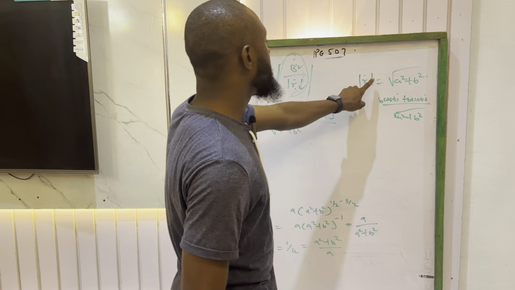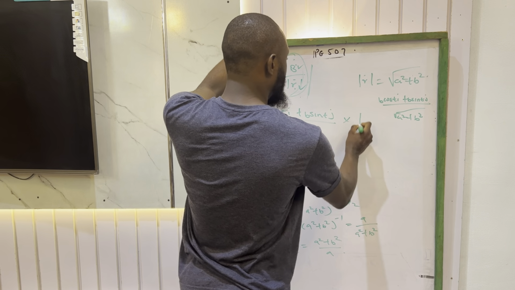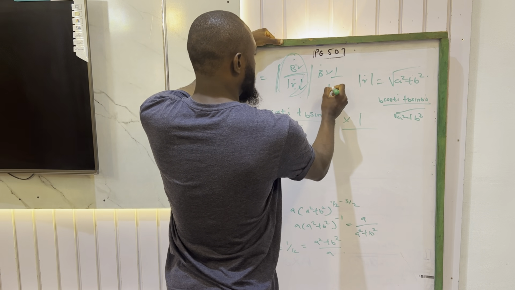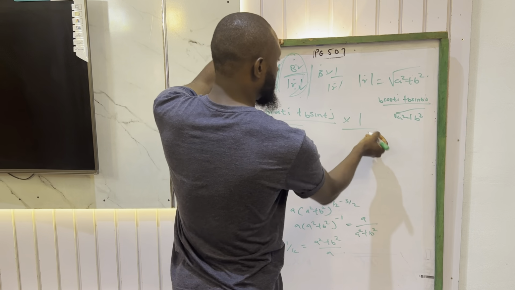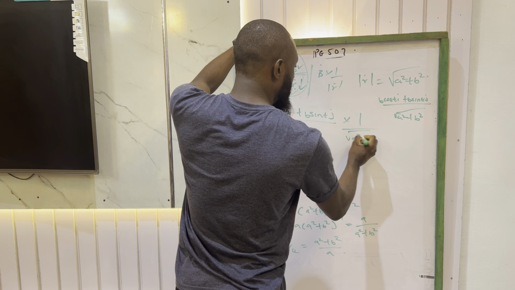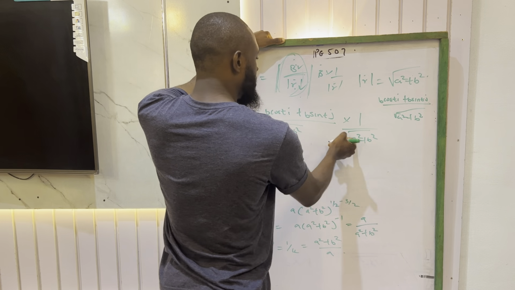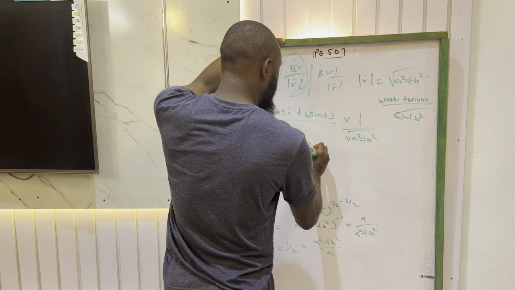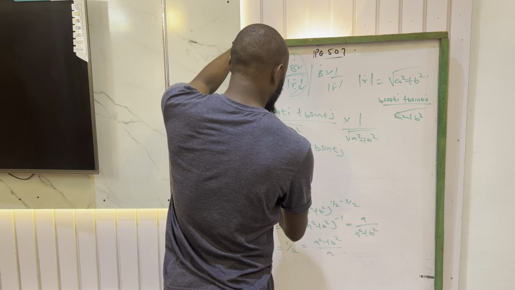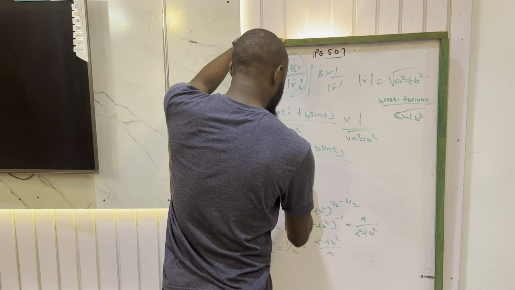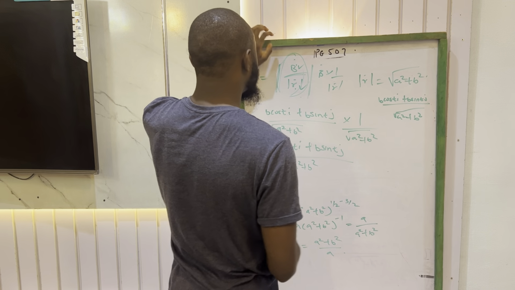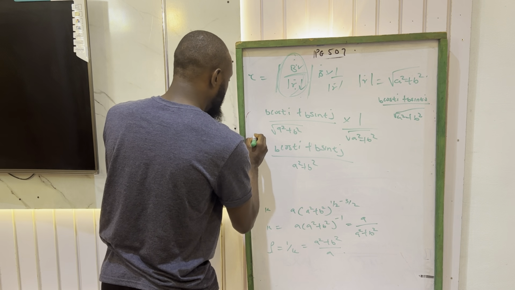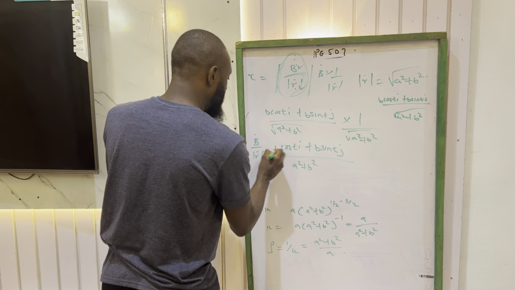Then this is given by b dot times 1 over the magnitude, so b dot times 1 over square root of a squared plus b squared. So this is square root, this is square root, so they cancel out to give us b cos t i plus b sin t j all over a squared plus b squared. So that's giving us what we have here.